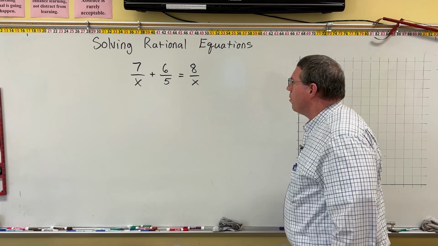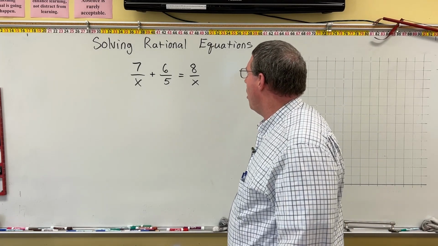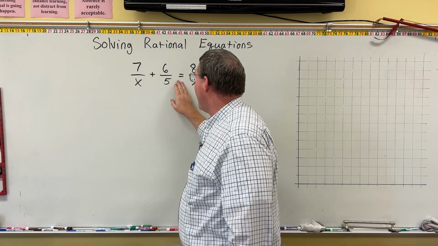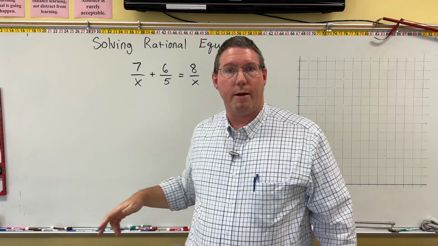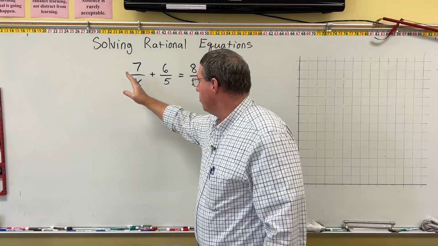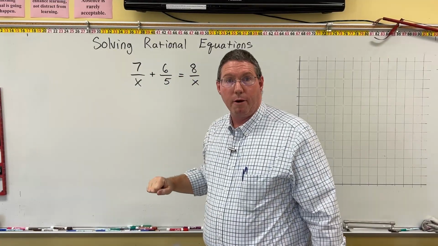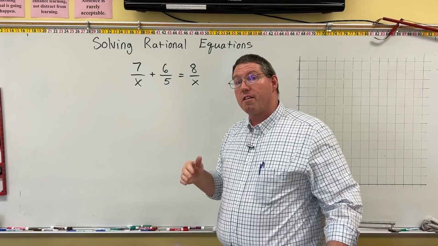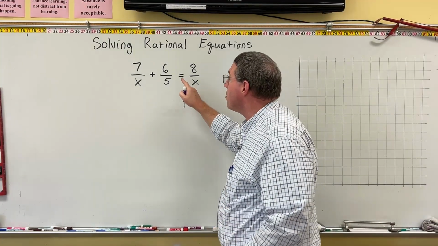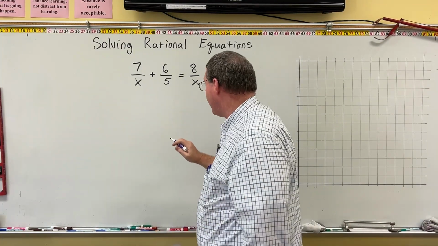Now, I want to remind you that when we learned how to solve equations that have denominators, we said that we can cancel the denominators by multiplying through the equation by the denominator. Do not mix that up with simplifying expressions. This is an equation, so we can use that technique.